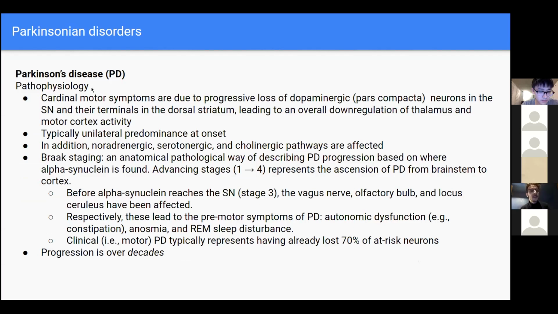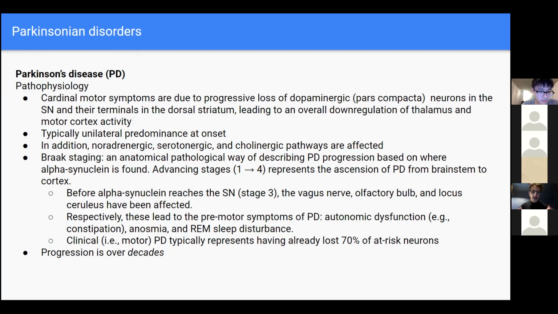So these cardinal motor symptoms that we've discussed, the TRAP symptoms, are due to a progressive loss of dopaminergic neurons, so neurons in the pars compacta of the substantia nigra, and eventually their terminals in the dorsal striatum, leading to an overall down-regulation of the thalamus and motor cortex activity.